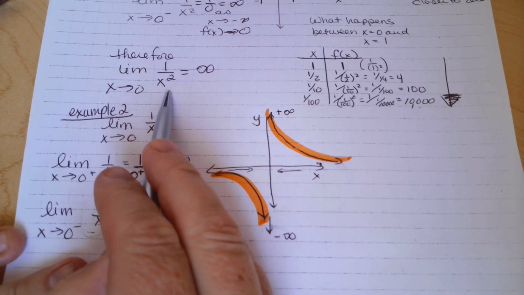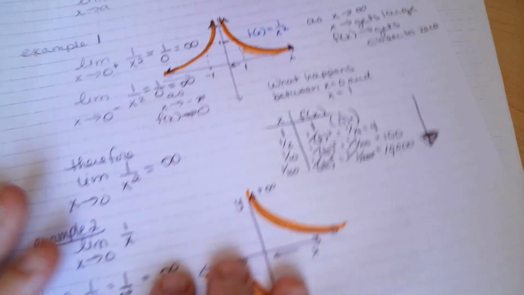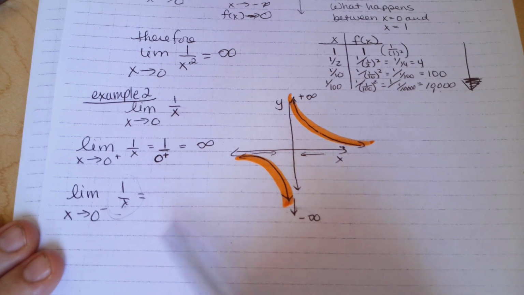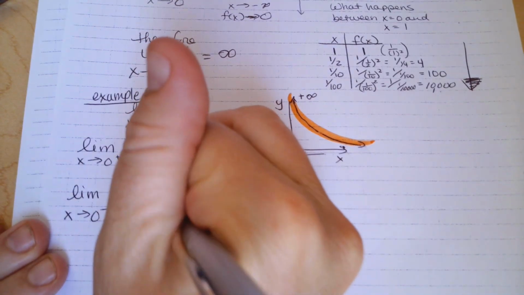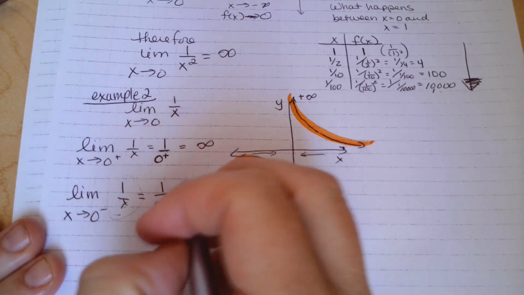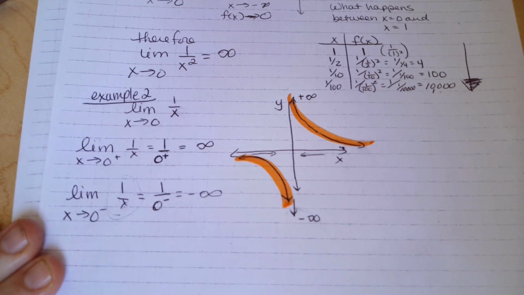It's different because up here we squared it, and because we squared it, it was still going to positive infinity, right? But this is going to negative infinity. So this one, I'm going to just remind myself here that, oh yeah, it's coming from the left-hand side. That's going to be a negative number, negative infinity.